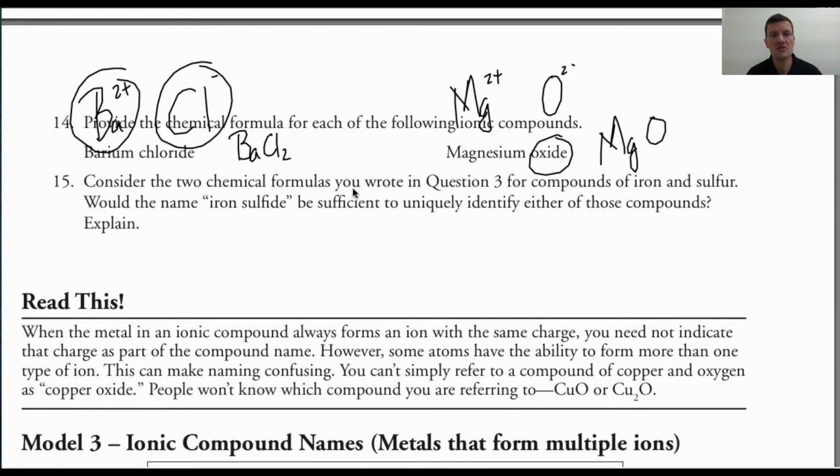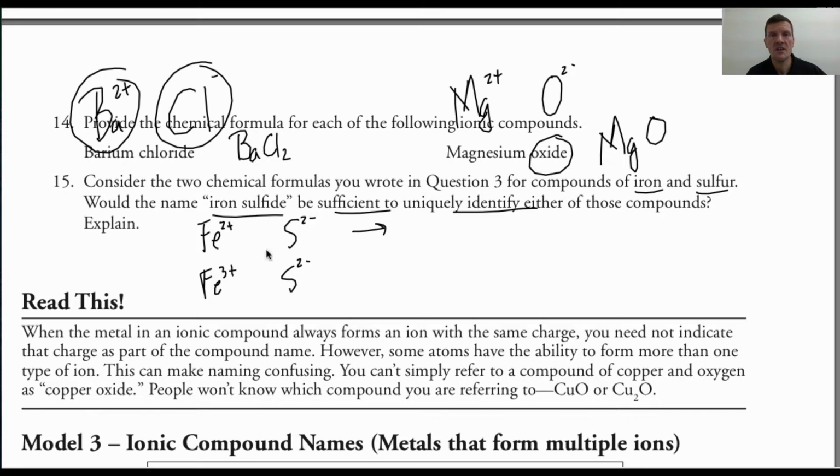Consider the 2 chemical formulas you wrote in question 3 for compounds of iron and sulfur. Would the name iron sulfide be sufficient to uniquely identify either of these compounds? Okay, so remember back up above there, we had Fe2+ combining with sulfur, and we had Fe3+ combining with sulfur. Iron can form multiple ions.